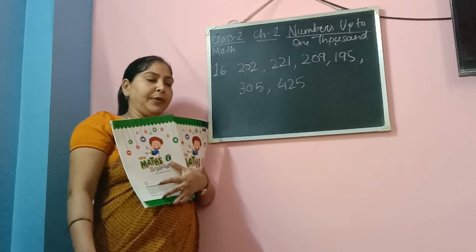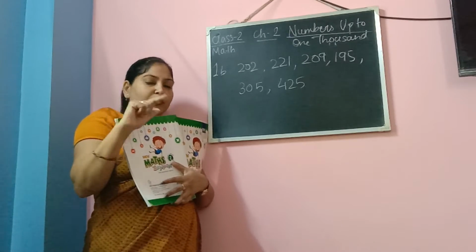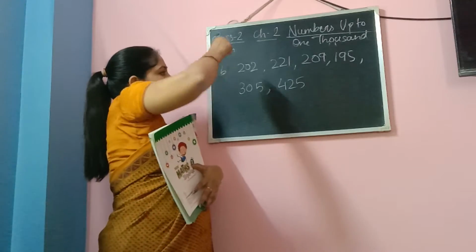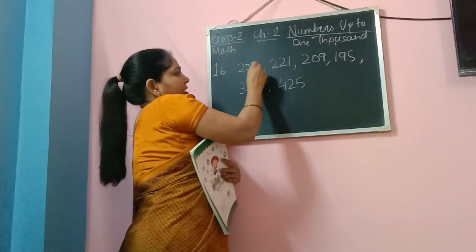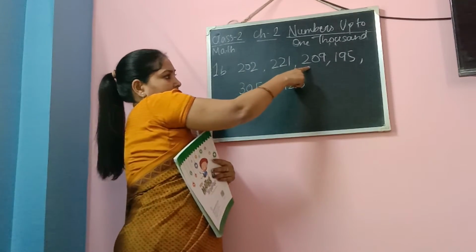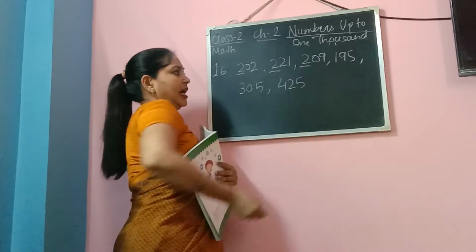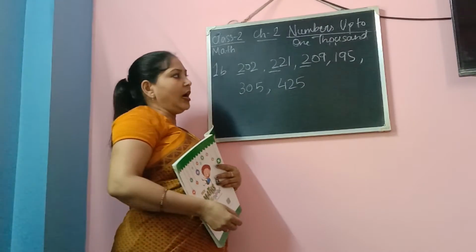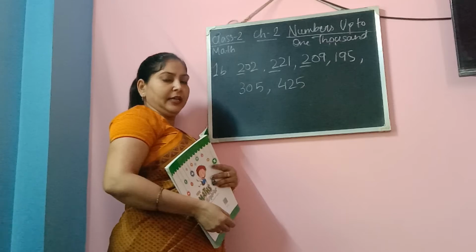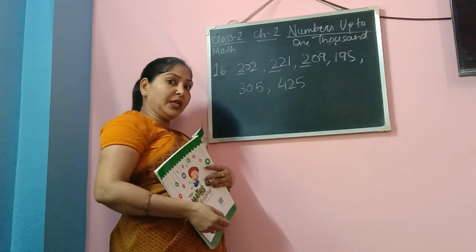Now we will start comparing the numbers according to their place value from left to right. Now let us see 202, 221 and 209. These numbers have 2 in the hundreds place. Now we have to find out, like we are doing ascending order, small to big, we have to find out the smallest number.